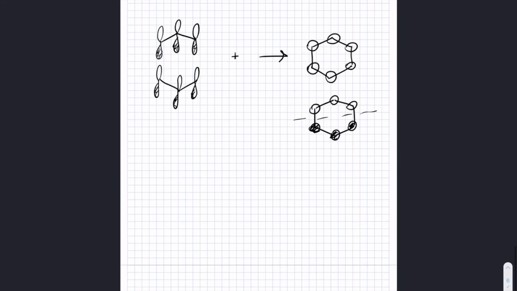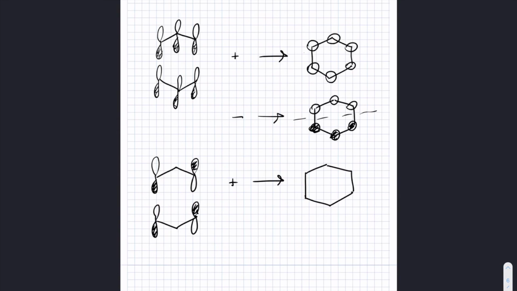What about combining those intermediate pi 2 orbitals that look like this? If we do that in phase, boom.